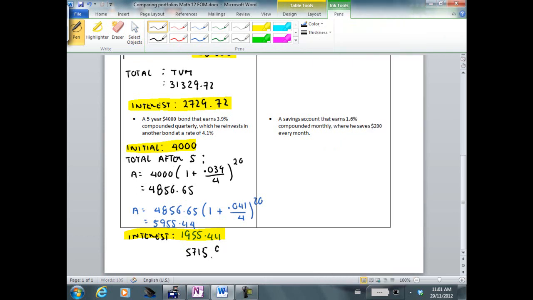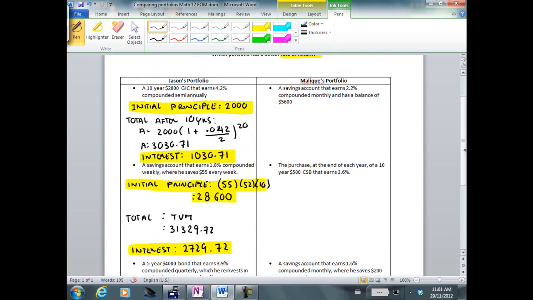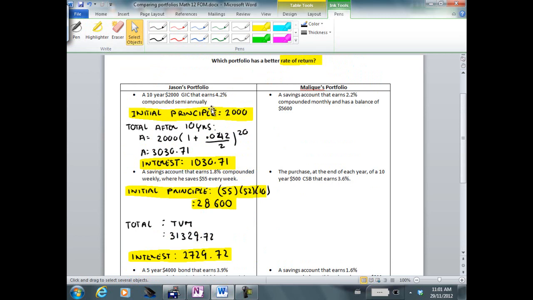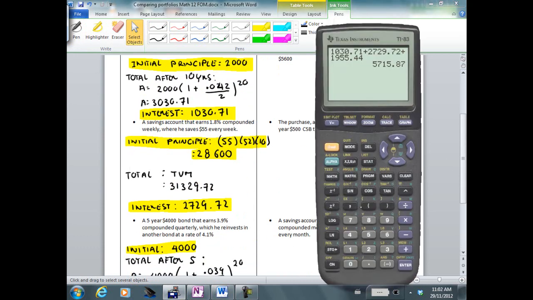715.87. Now you're going to divide this by your total principal. For the bottom one, which one do you use for your principal? 4,000 or the 59? So for your total principal, you're going to look at all the ones I highlighted. 2,000, 28,600, and 4,000 added together is 34,600.